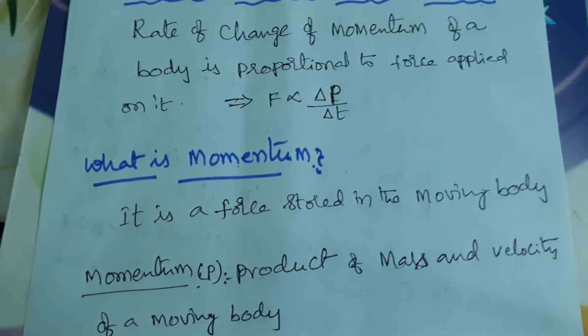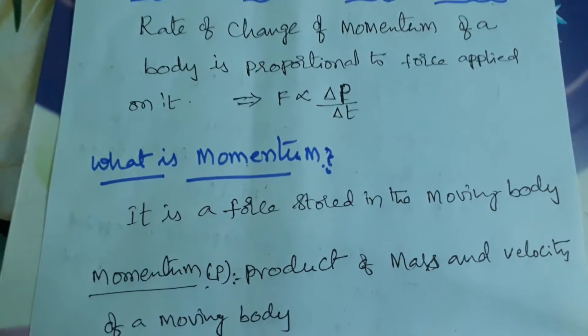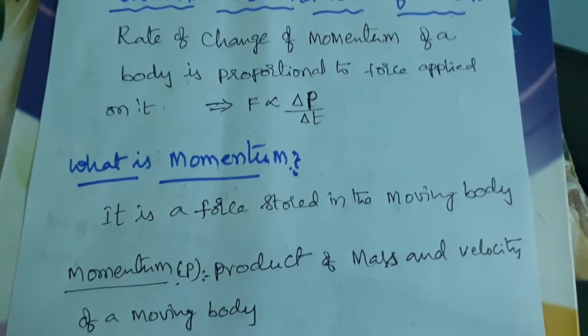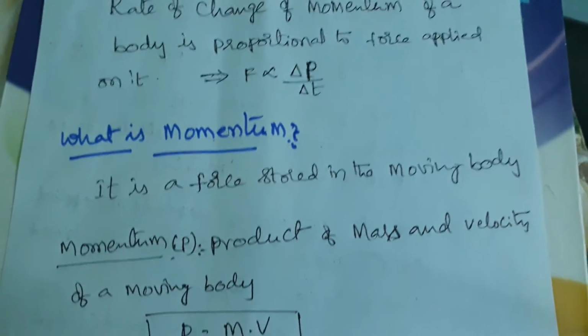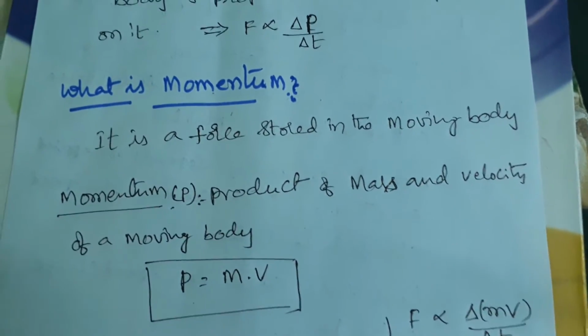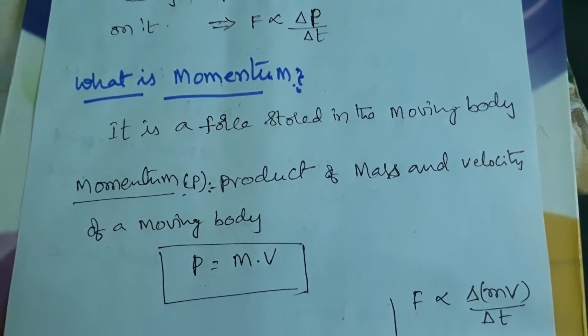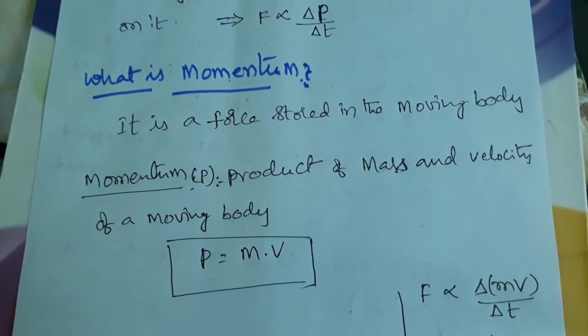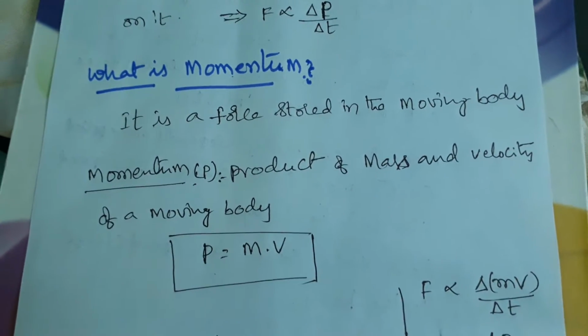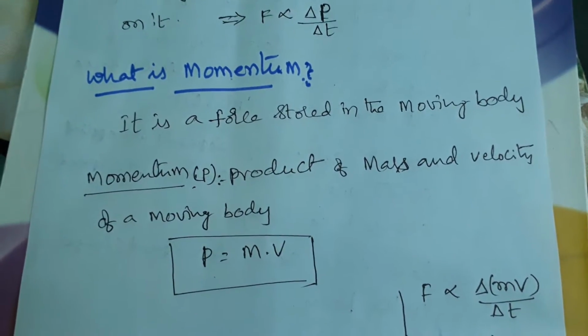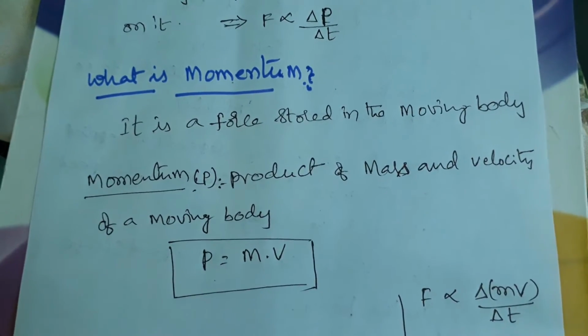What is momentum? First of all, what is momentum? It is a kind of force stored in a moving body that depends on two factors, mass and velocity. If the body has a huge mass, the movement of the body is different.